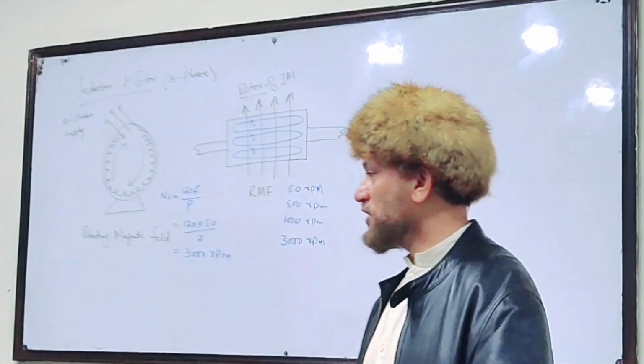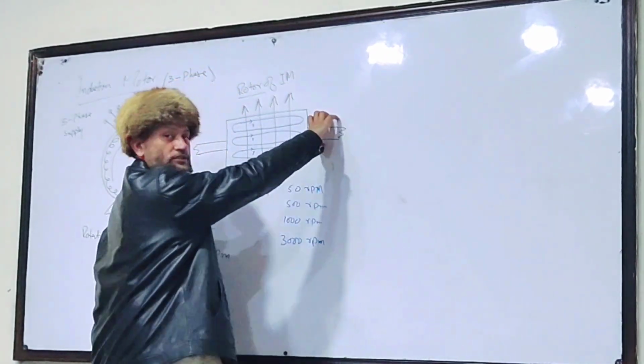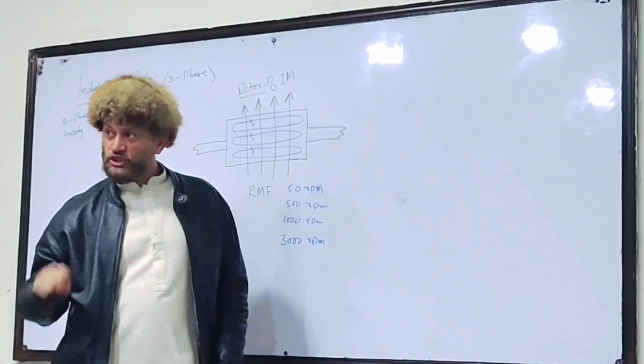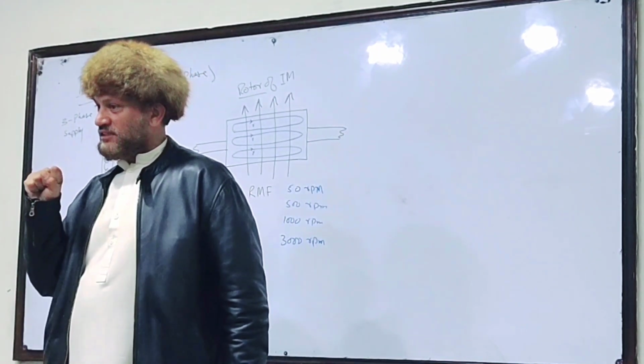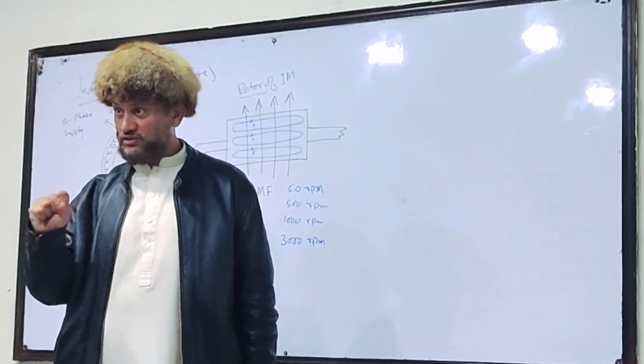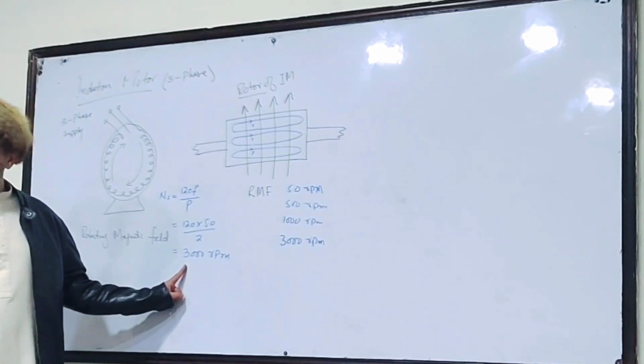Understand my point? Now look over here. When we put a load on this shaft, can you say that this rotor can now reach the speed of the rotating magnetic field?